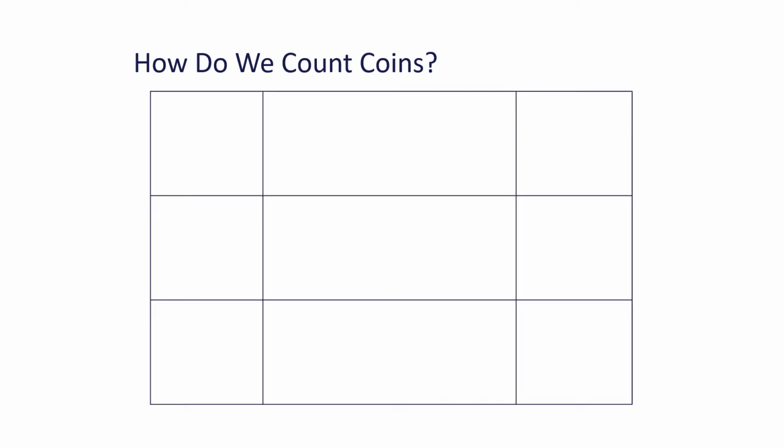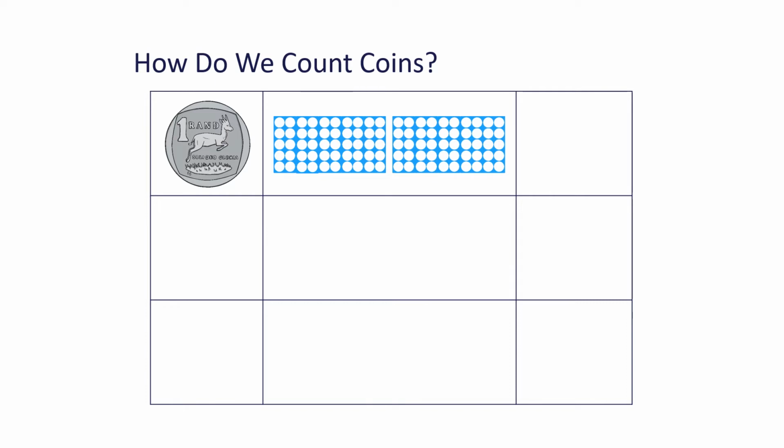Now we're going to look at the rand coins. We've got 1 rand, and you can think that's quite easy to count in. Now remember when we spoke about 1 rand, we said it was worth 100 cents. So that's what it looks like, 100 cents. 100 cents or 1 rand, but it's easiest just to count it in ones. 2 rand, can you guess how many cents that is?